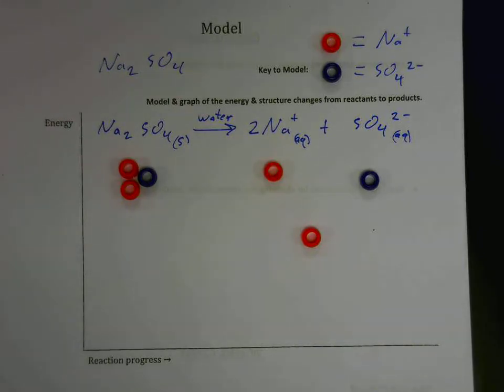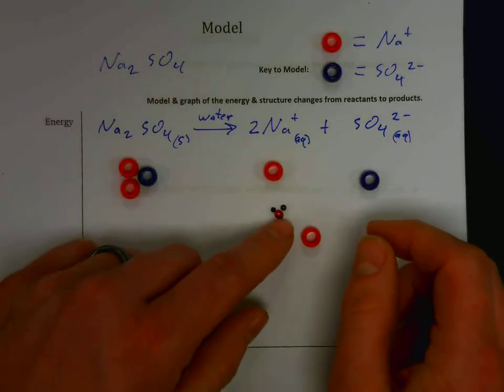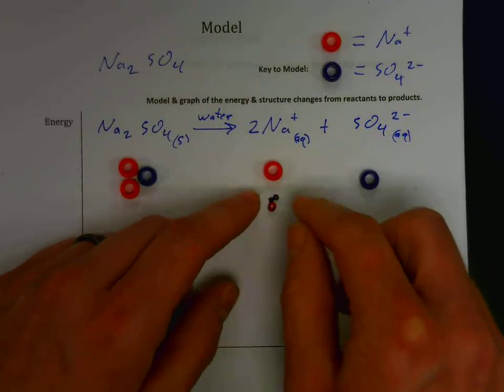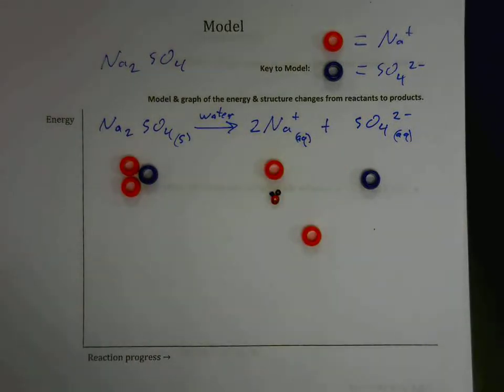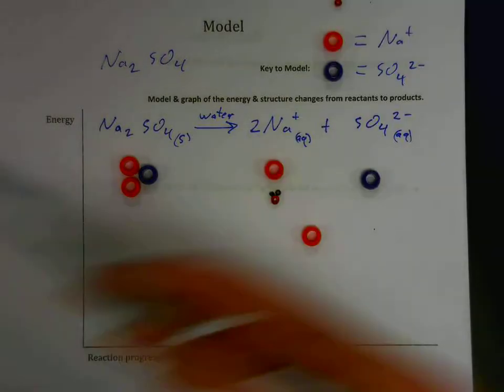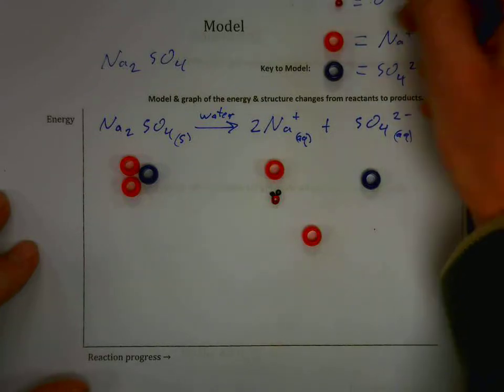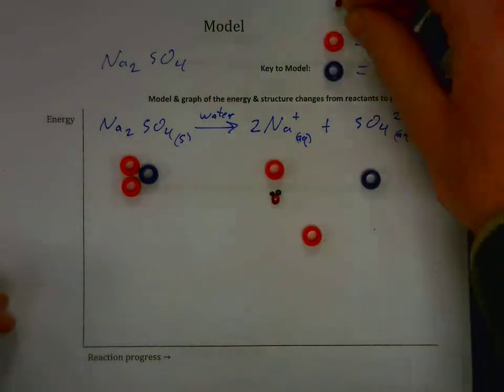Now, what's causing it to separate? Well, it's water. So the water interacts with the sodium and the sulfate ions. So let's say, for instance, and I need to add a key for this as well, the red represents the oxygen of water. So this represents oxygen, and then the black represents the hydrogen of water.